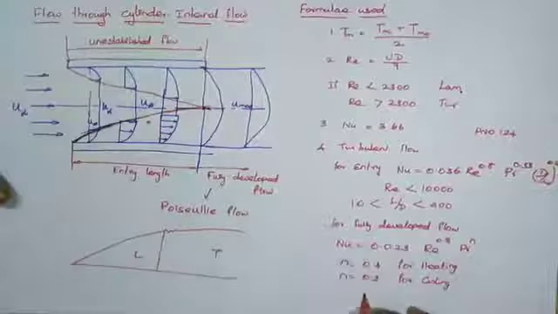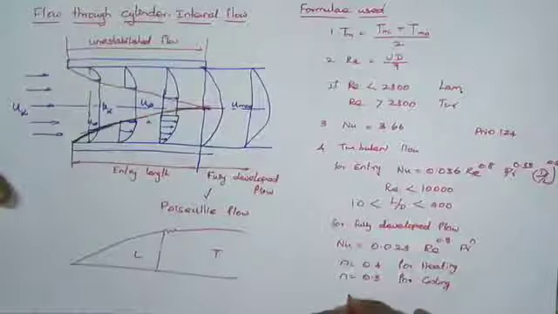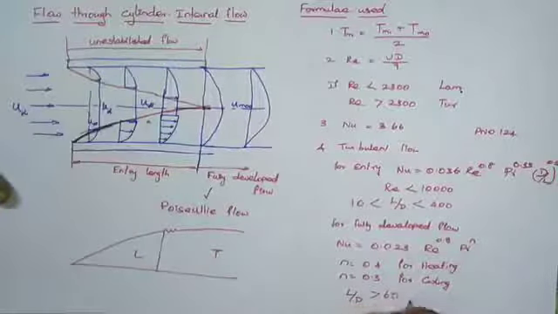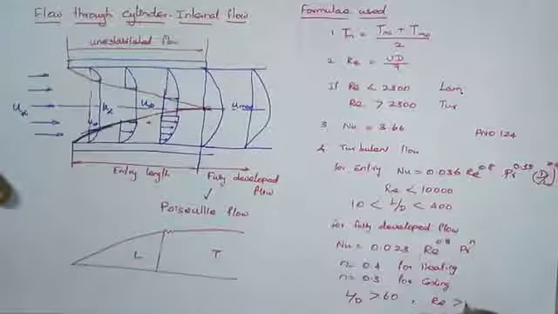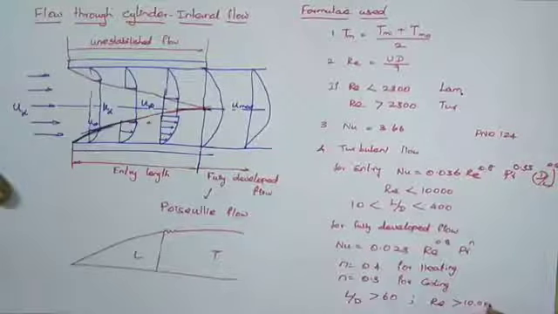And the conditions for these are that the L by D ratio must be greater than 60. The second condition is that the Reynolds number must be greater than 10,000.